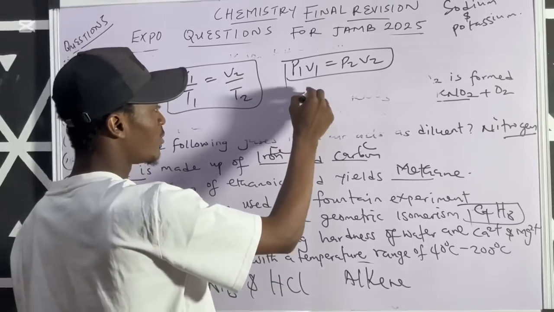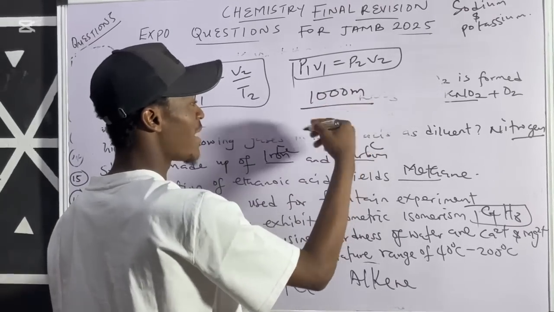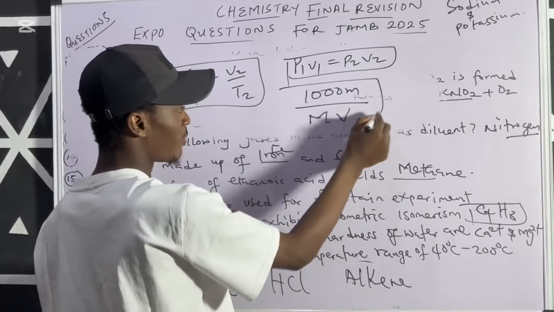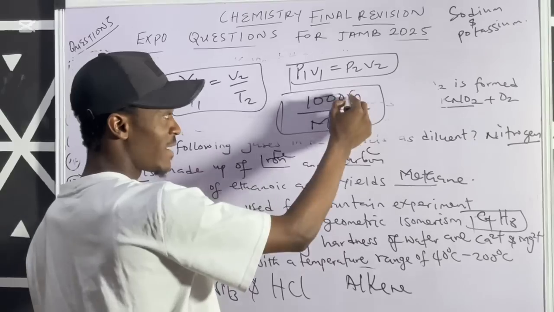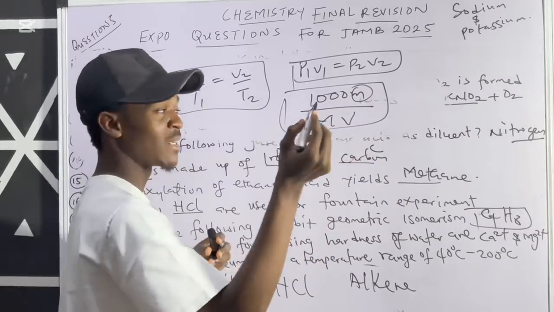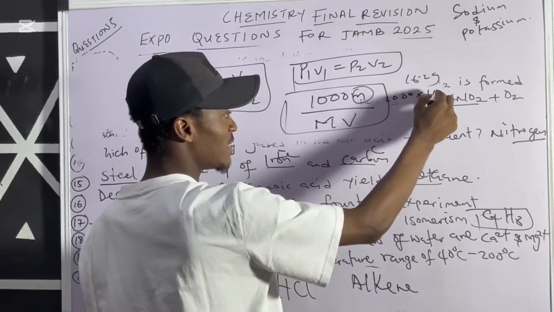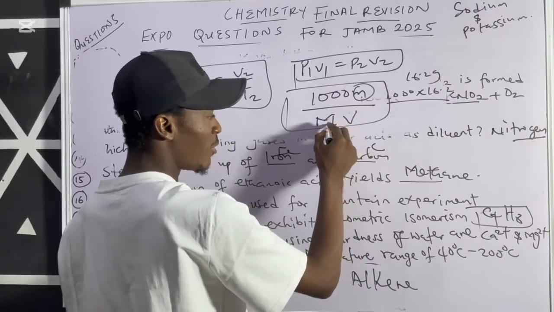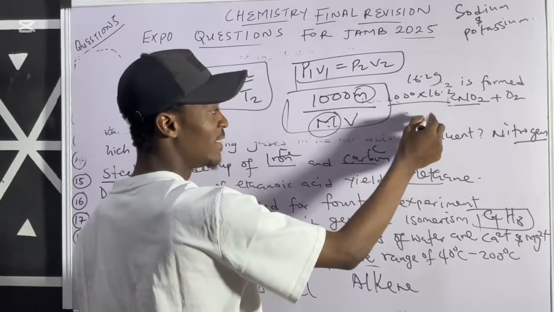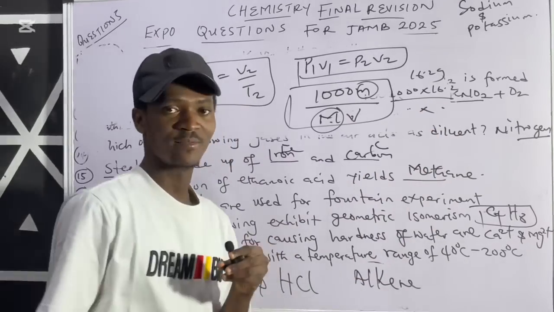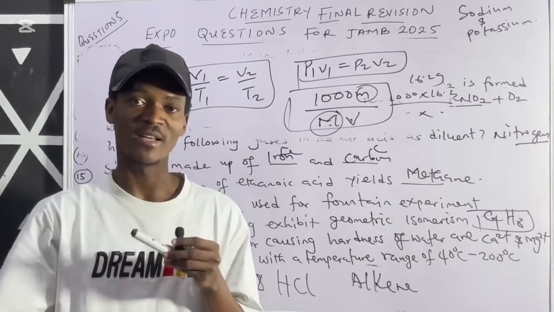Just work with this formula and then you get your answer with smiles on your face. This formula will be of help. The mass, write it here. So anything you are given in mass, let's say 16.2 grams, write it here. It becomes 1000 times 16.2 grams over what? The molar mass of the substance that you are given, write it there, then multiply by the volume. You then get your answer.